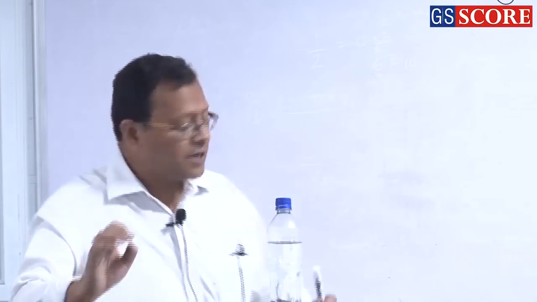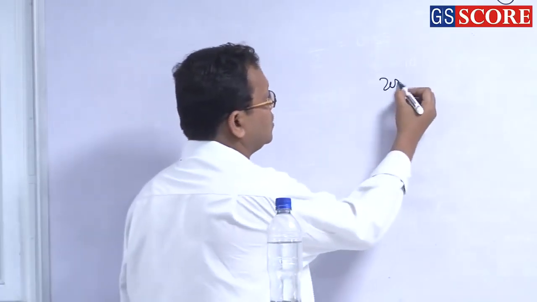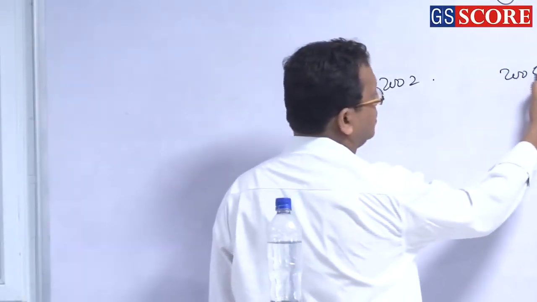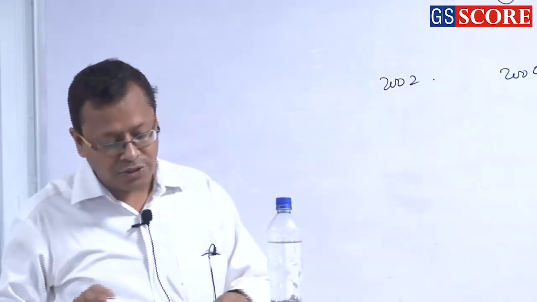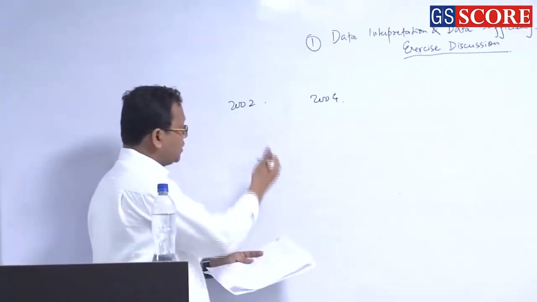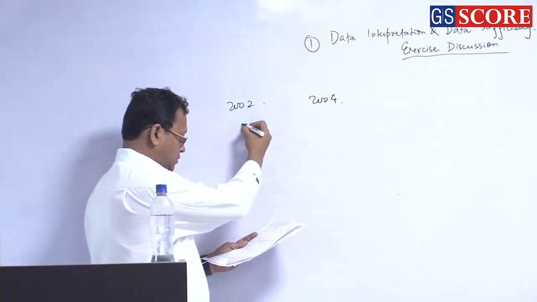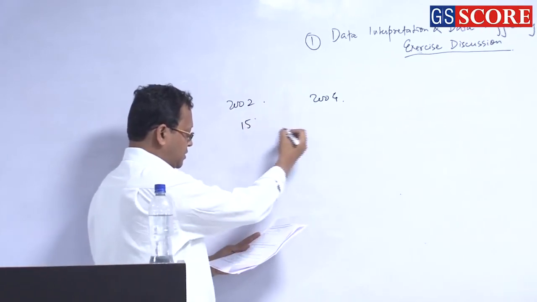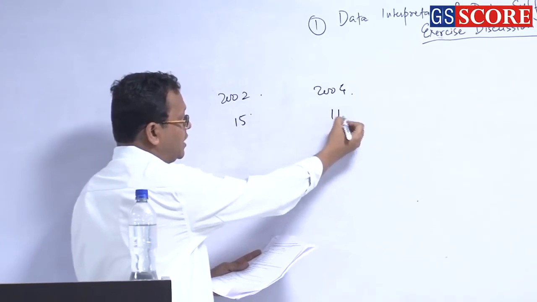So number 1, the sales of the company in Asia in the years 2002 and 2004. Now you will see in Asia in 2002 it was 15%, and in 2004 it is 11%.